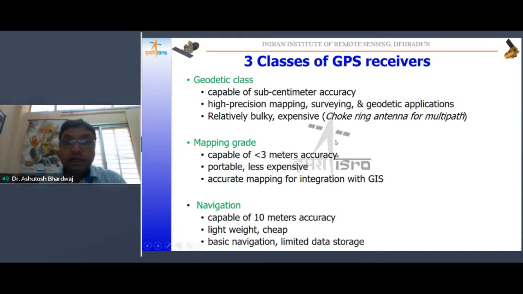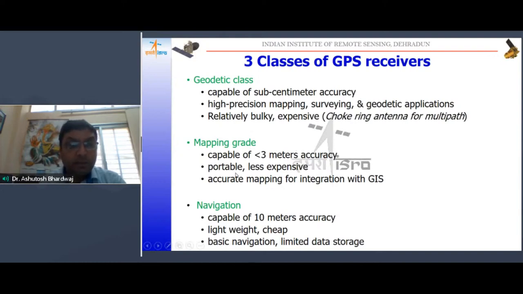This choking antenna, which is used for arresting the multipath effect, itself weighs about 3 to 5 kg. So you can understand these systems are quite bulky. Then mapping grade receivers, which may be handheld or maybe on tripod. These are providing us an accuracy of the order of 3 meters or so.